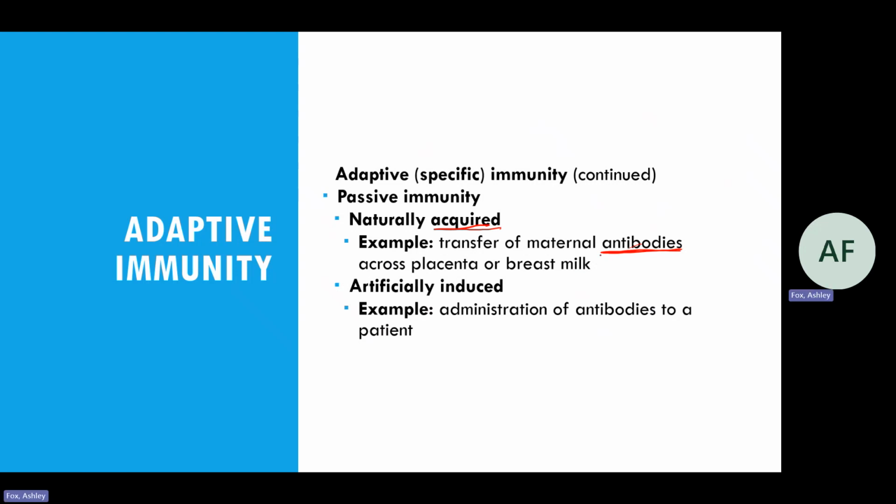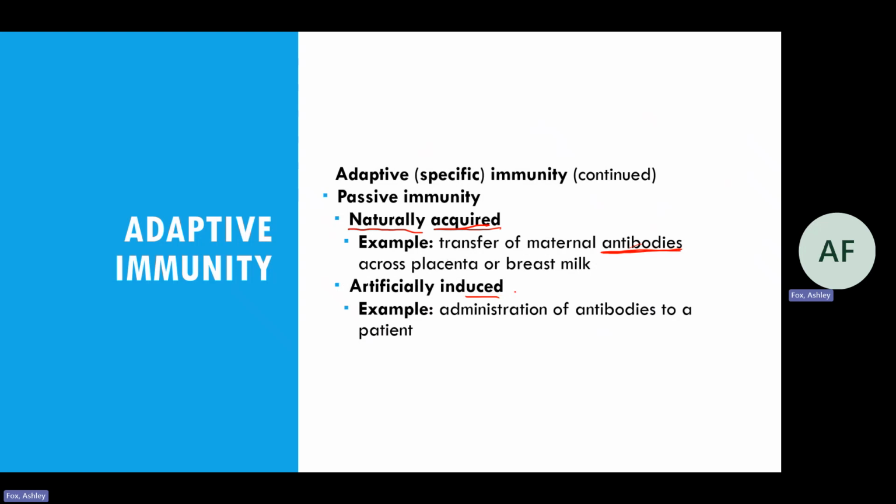So this is going to be protective for the newborn while getting used to the new world. Naturally acquired is maternal antibodies from vaccinations, from being exposed prior, spreading that knowledge to the infant until they can have their own immune reaction.